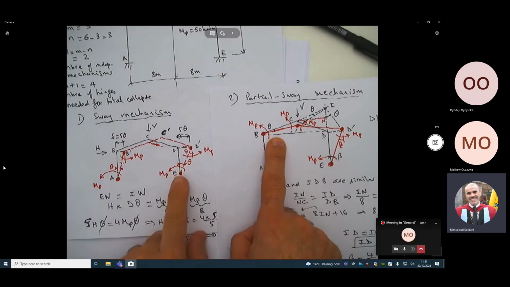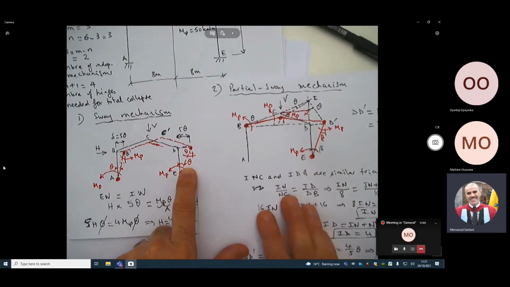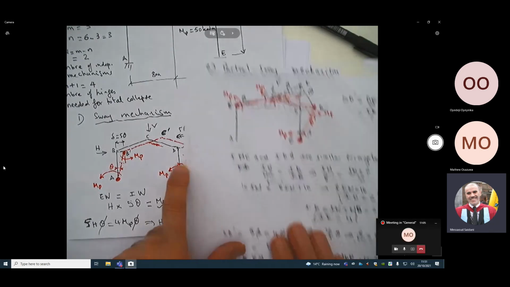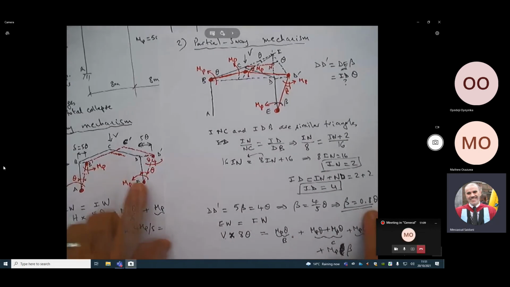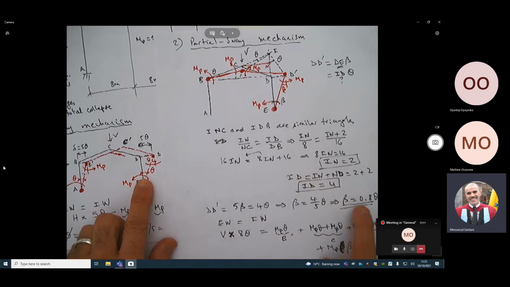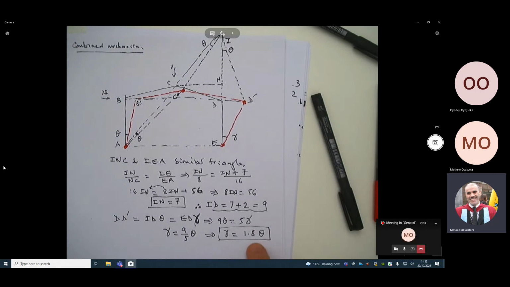For the sway mechanism, the angle at E is theta, and for the partial sway mechanism, the angle at E is beta, which is 0.8. When you add these two together, 1 theta and 0.8 theta is 1.8 theta, which is exactly what we've got here.